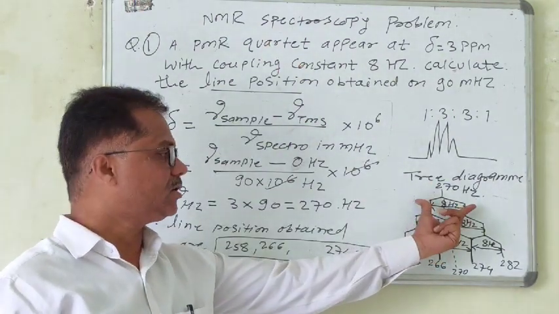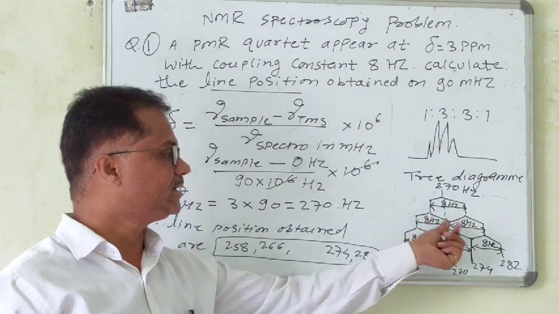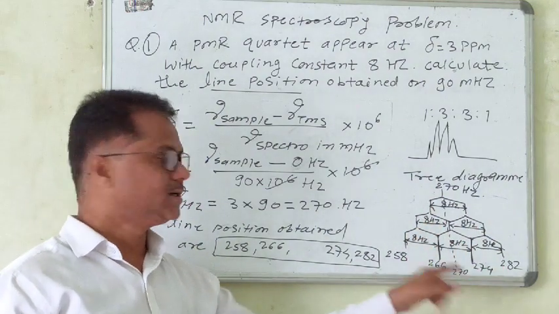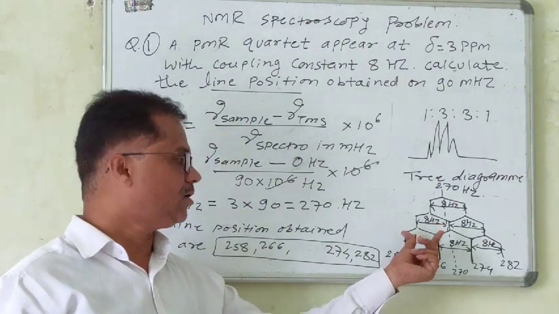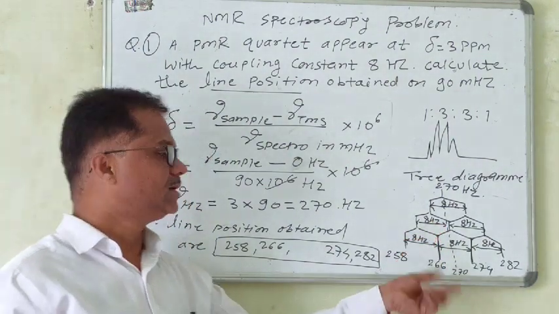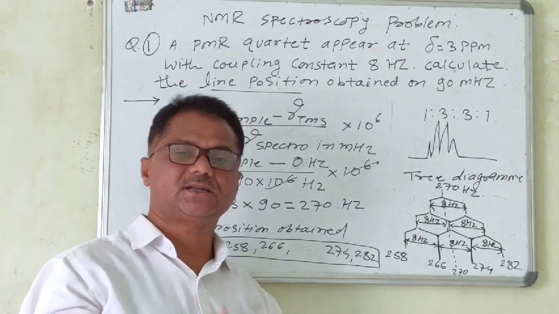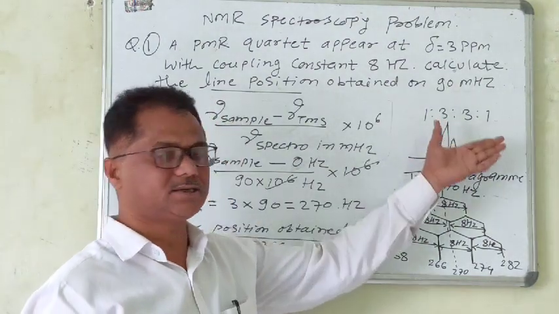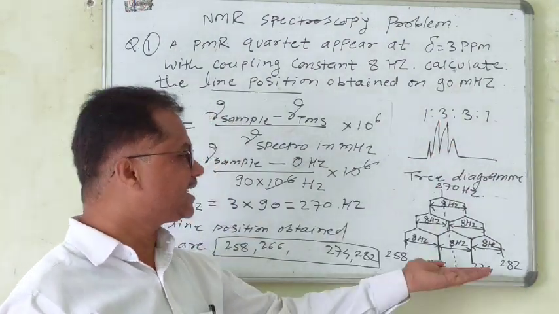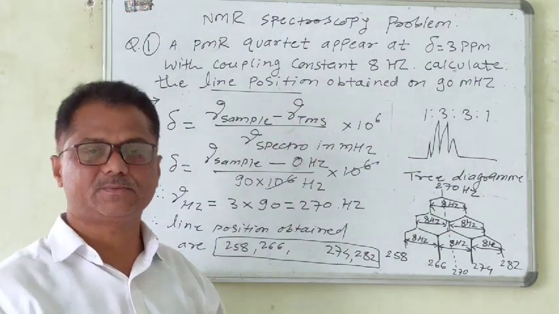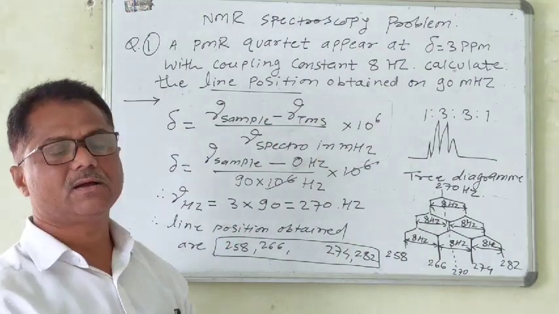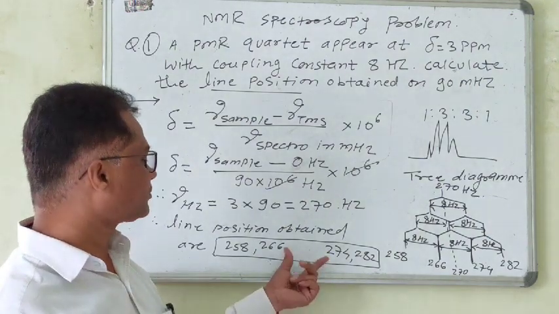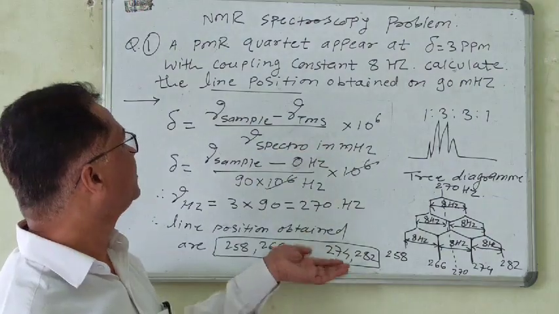First of all, draw two lines, then three lines, and then four lines. In these four lines, the outer lines are of small length, while the height of the inner lines is threefold higher than that of the outer lines. So by this tree diagram and by using this chemical shift formula, we can find the values of line position or chemical shift values of this particular quartet.